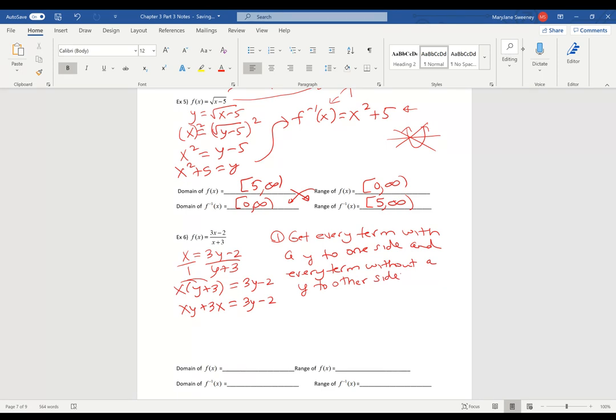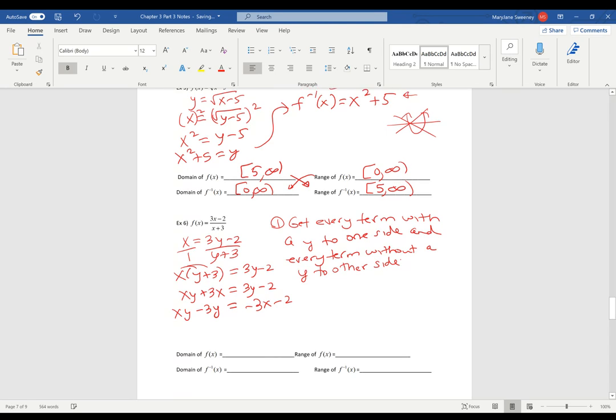So I'm going to move my y's on the left side, and I'm going to move everything else that doesn't have a y on the right side.